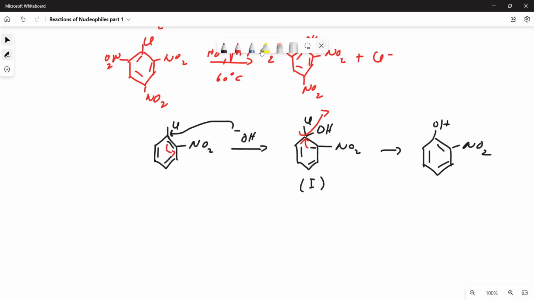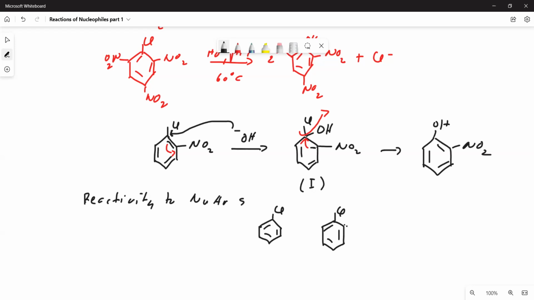So for example here, if we're going to look at the reactivity to nucleophilic aromatic substitution, let's say you have benzene here, and then you have chlorine, or any halogen for that matter, and then you have chlorine again, but this one, say you have a nitro here, and then you have chlorine with, say, cyanide here.